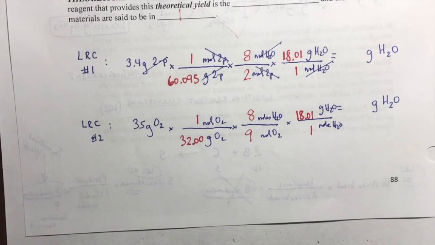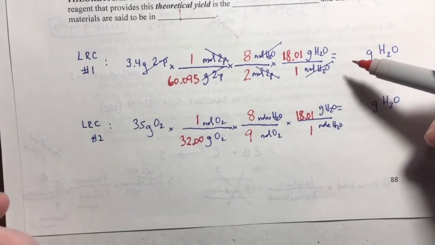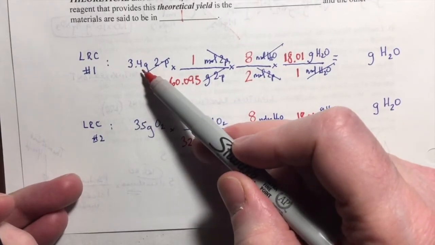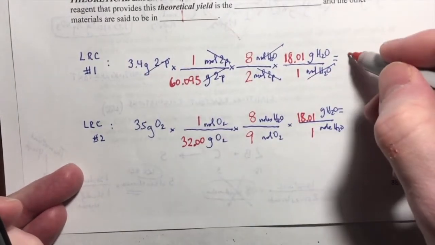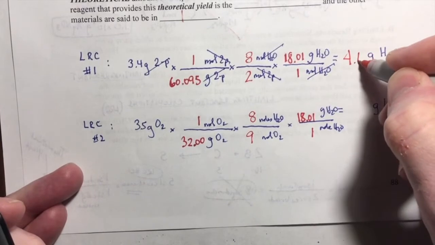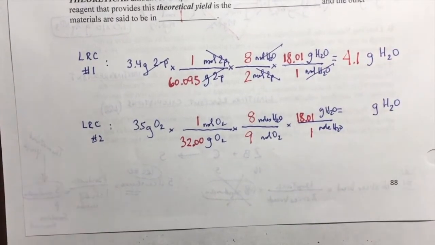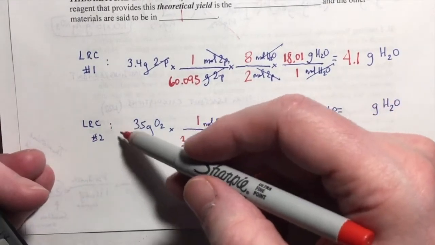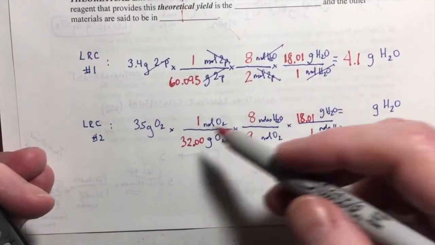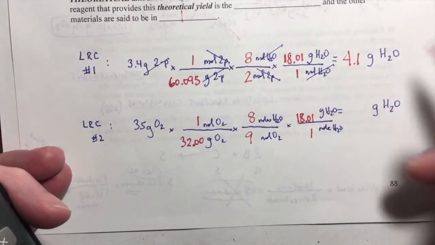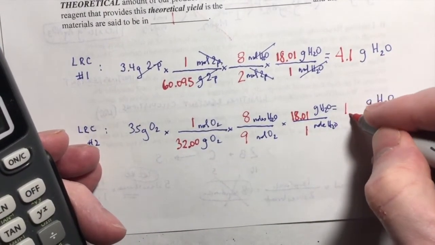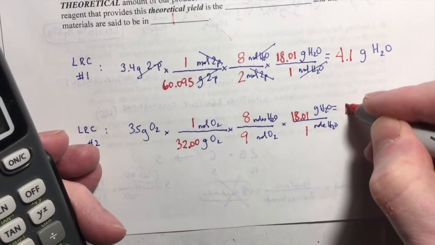And the answer for the top calculation, my first limiting reactant calculation, rounded to 2 sig figs, is going to be 4.1. And my answer for the bottom or second limiting reactant calculation from the other reagent, rounded to 2 sig figs, is 1.8.